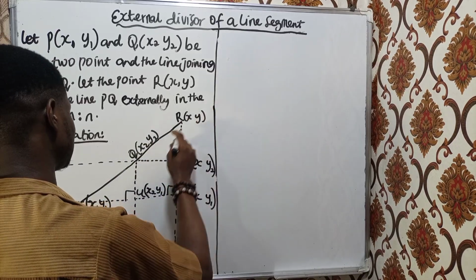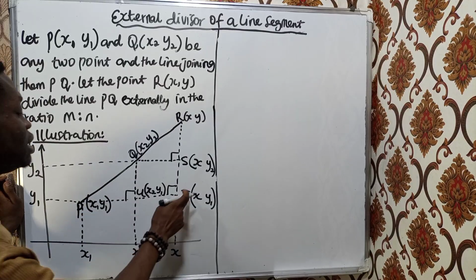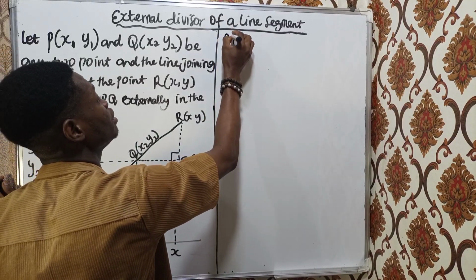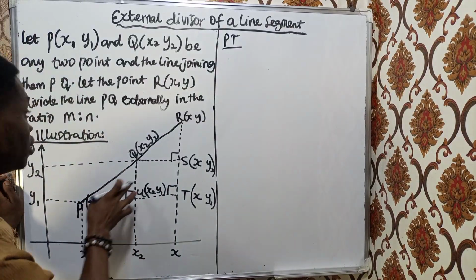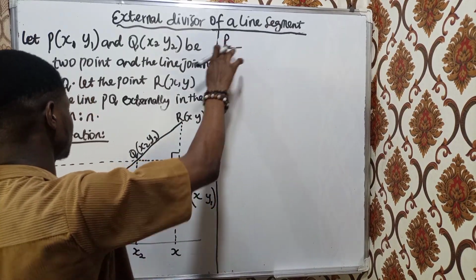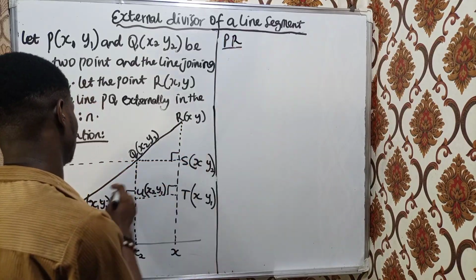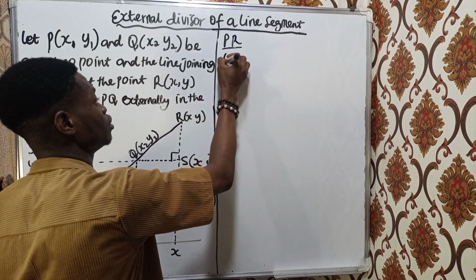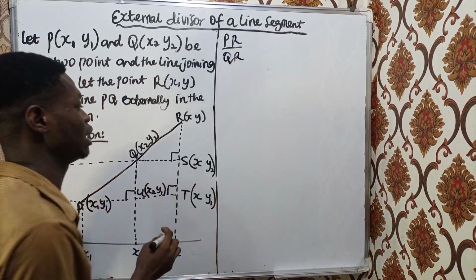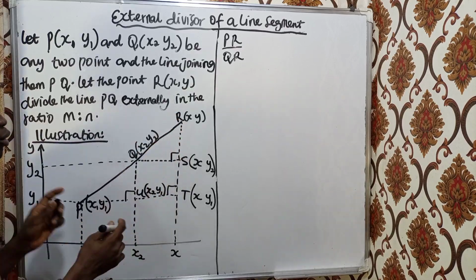So you can say that the ratio for PR, the side for the bigger triangle, all over QR, the smaller triangle, must be the same thing.